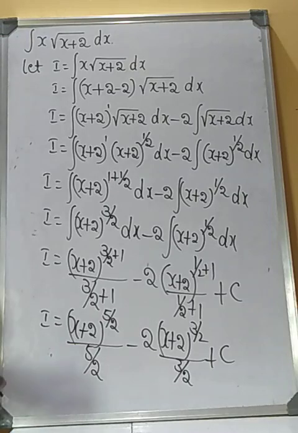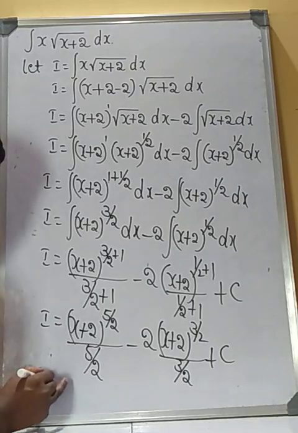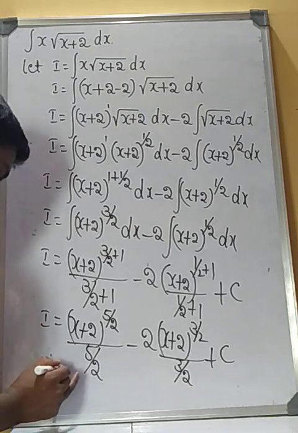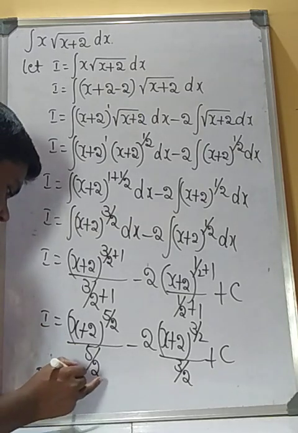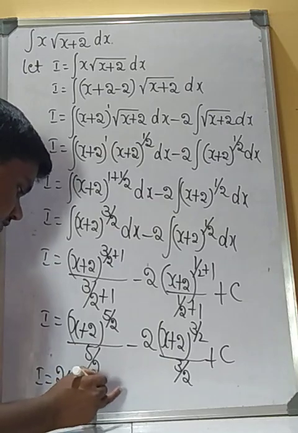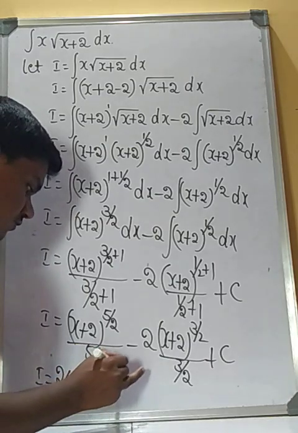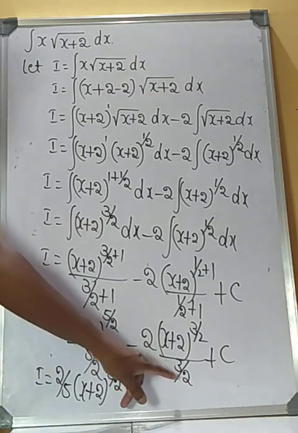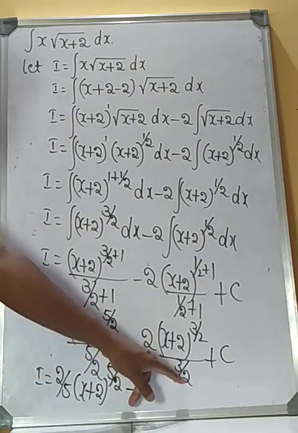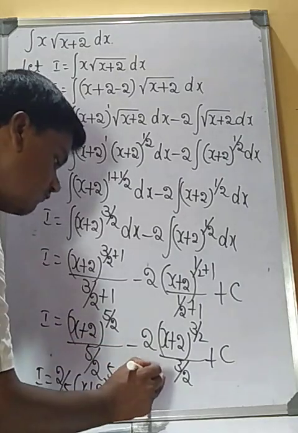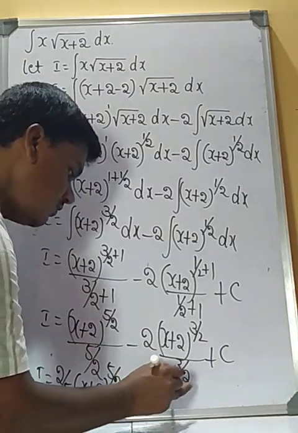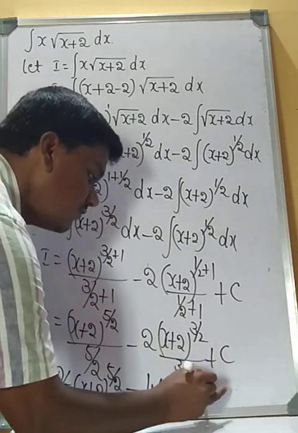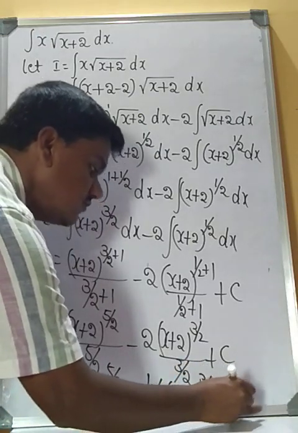So therefore, I is equal to inverse of 5 by 2 is 2 by 5 into x plus 2 whole power 5 by 2, minus inverse of 3 by 2 becomes 2 by 3, 2 into 2, 4 by 3 into x plus 2 whole power 3 by 2, plus c.